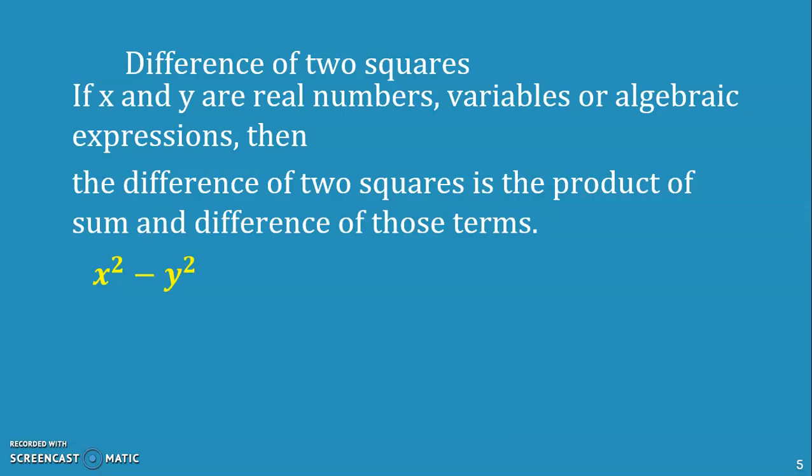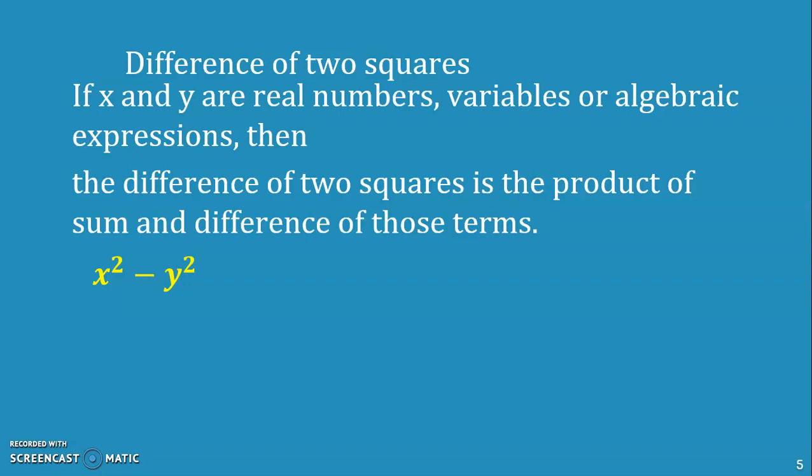Katulad nito, x squared minus y squared. Difference of two squares to siya kasi ang first term niya, which is the x squared, is a perfect square dahil ang square root ng x squared is x. So, perfect square siya.